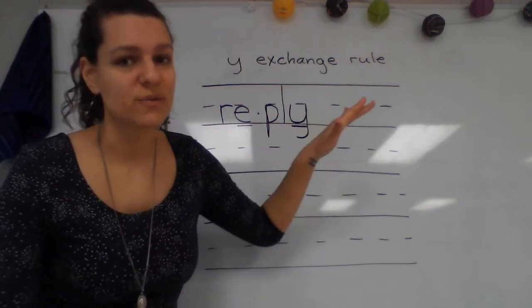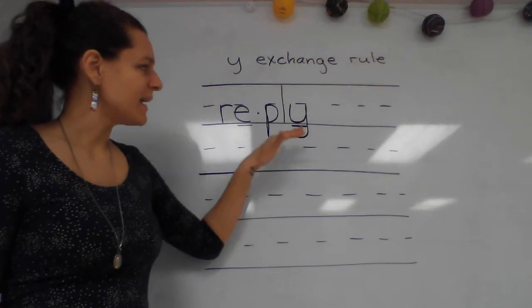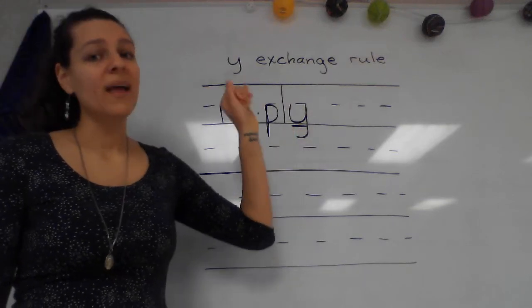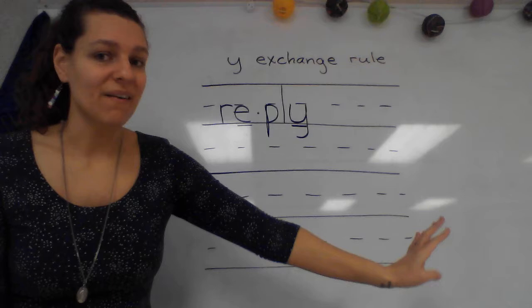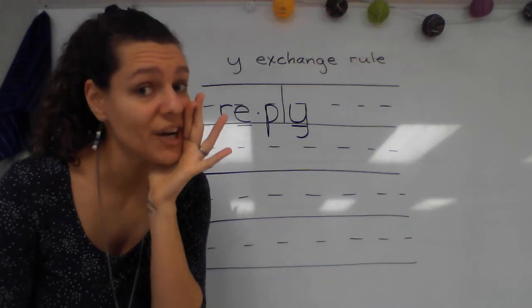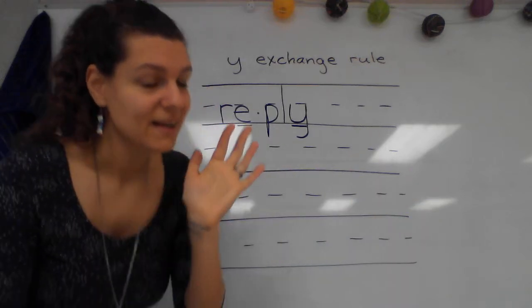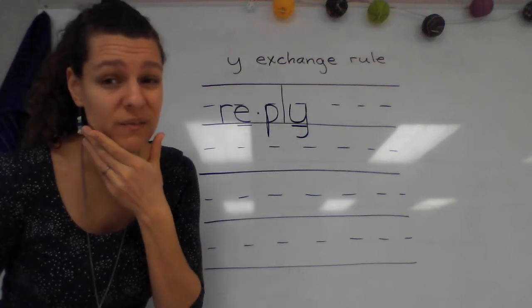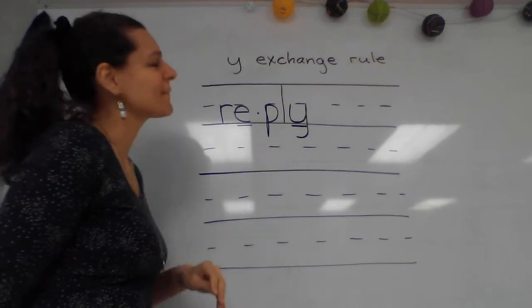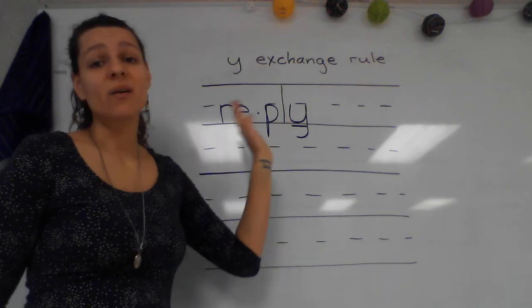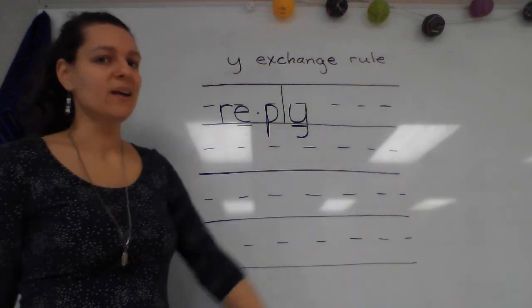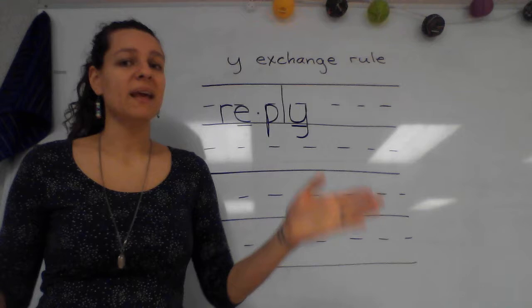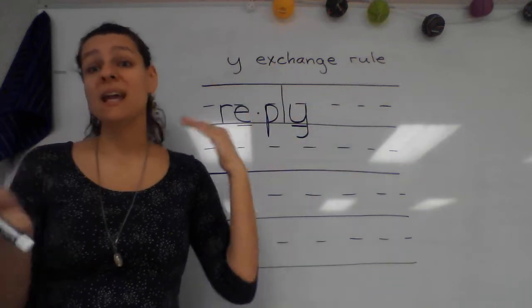Our Y exchange rule says that when we have a base word that ends with Y, if we're adding any suffix that does not start with I, then we're going to trade our Y for, what are we going to trade it for? All right, we're going to trade our Y for an I. Remember, if we're exchanging something, those things have to be equal.